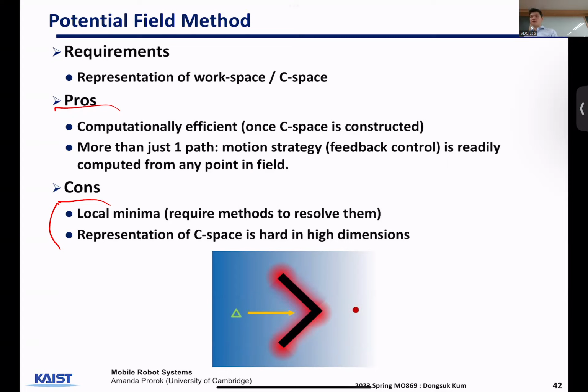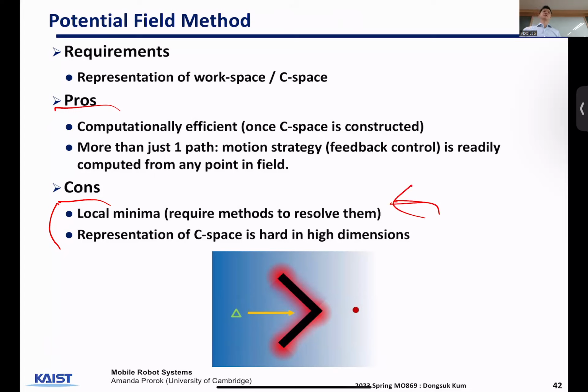Let's say you have 3-dimension space. How are you going to design it? Or, you know, four dimension. For instance, in this example, this is a good illustration of local minima.